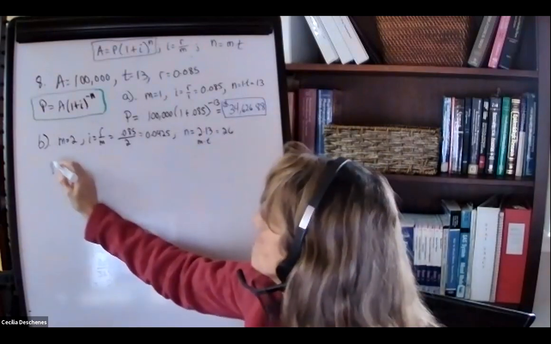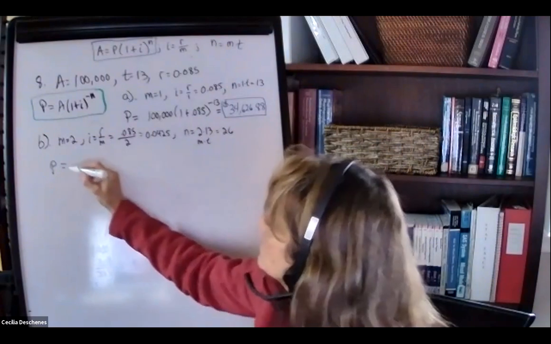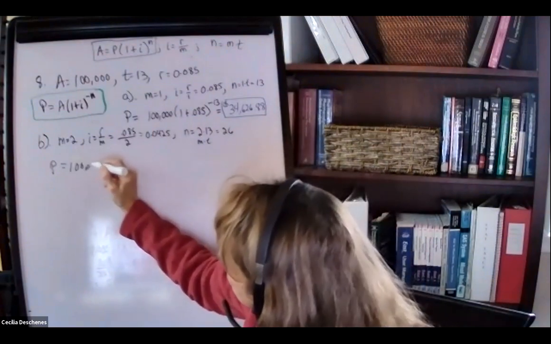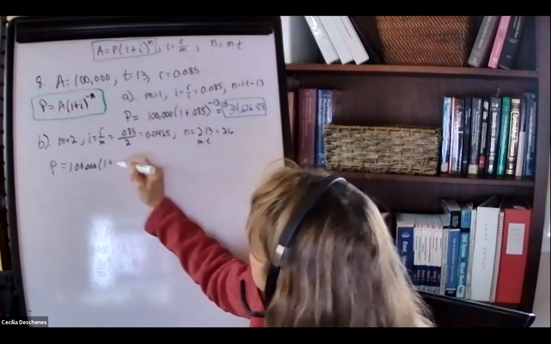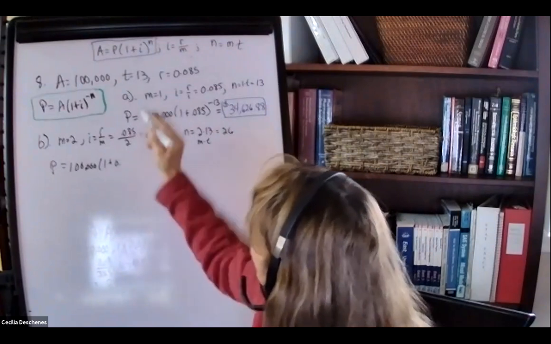So the present value needed to have a future value of 100,000 is multiplied by this 1 plus the I, right?